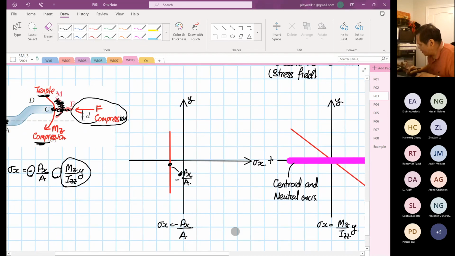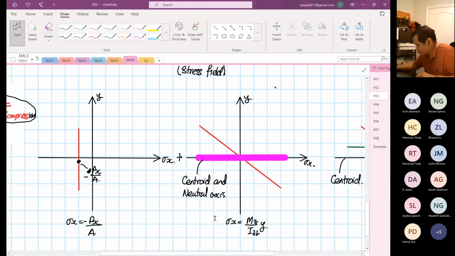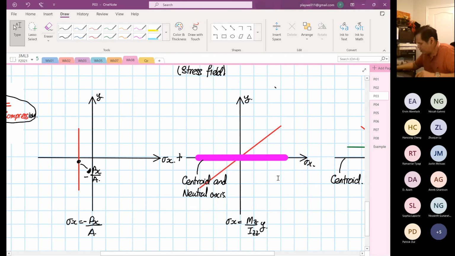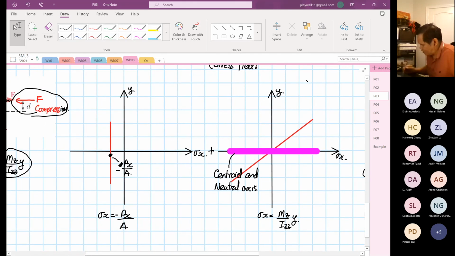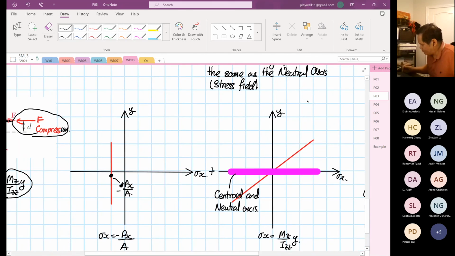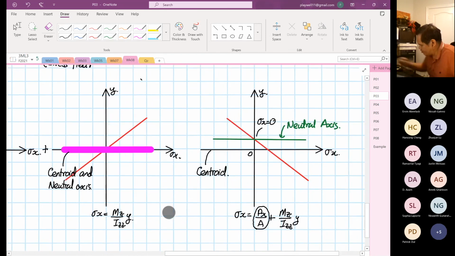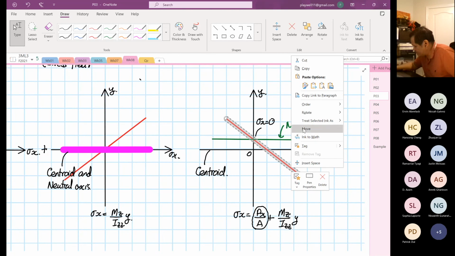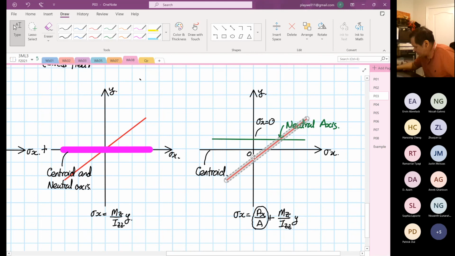And then now this will flip over, yes or no? So I'm going to flip horizontal. There you go. So now this is the stress distribution. On top you have tensile, below you have compression, and finally over here you're also going to flip.